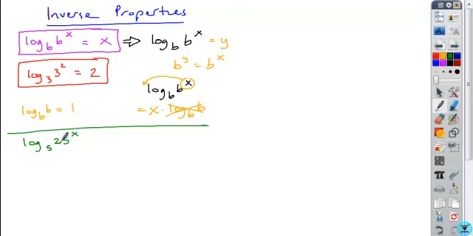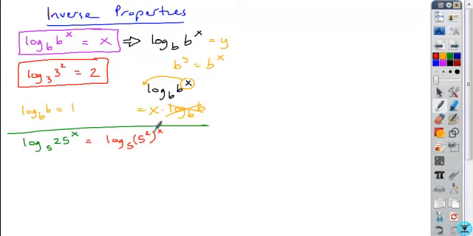Can you rewrite 25 using base 5? Yeah, so what you would do is set it equal to log base 5 of, and instead of 25, 5 squared to the x.